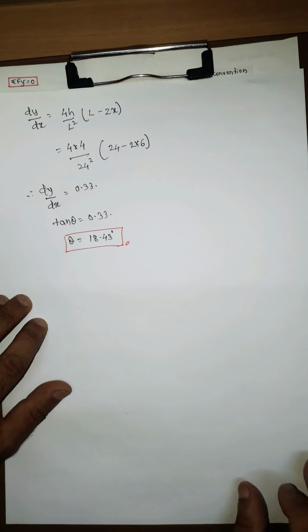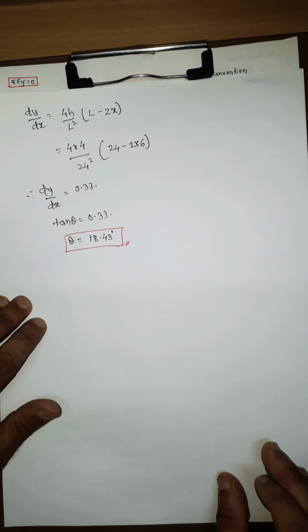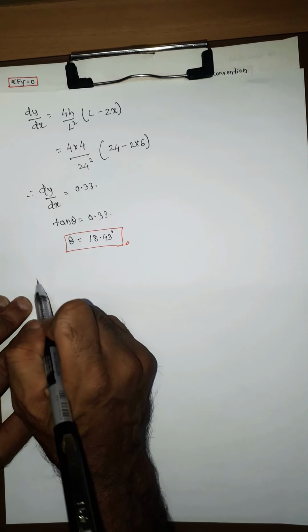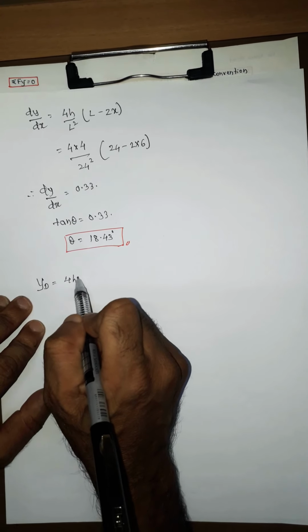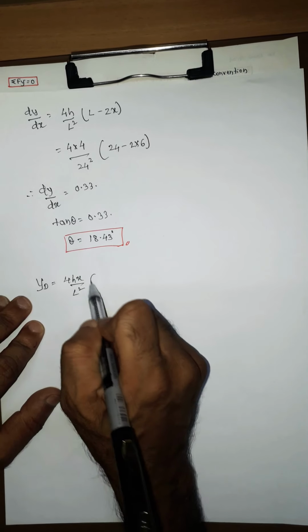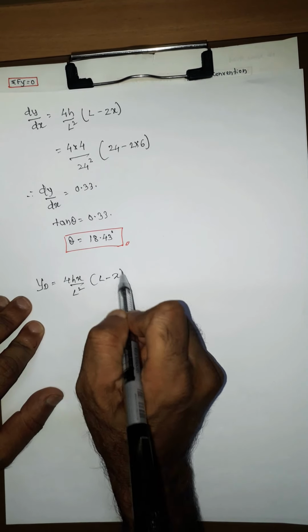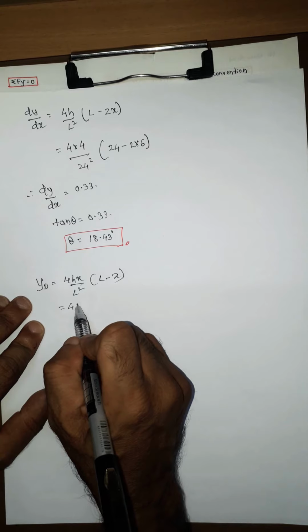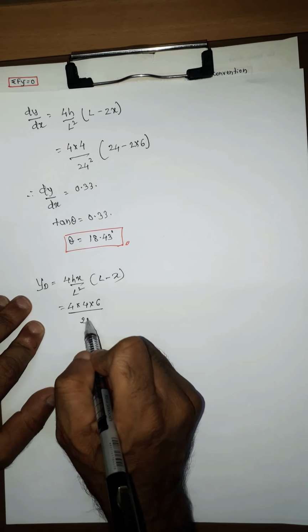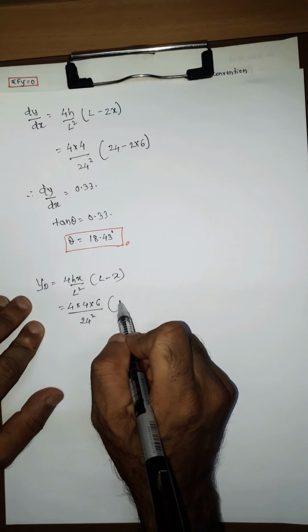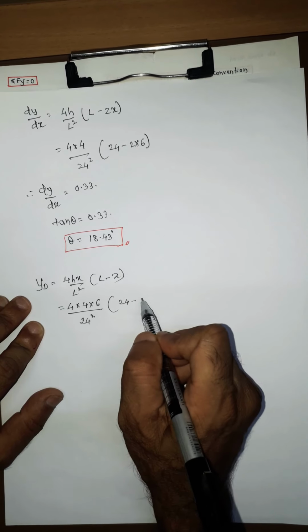So similarly here, first we have to find out the YD. So vertical ordinate YD is equal to 4hx by L square into L minus x. So here 4 into 4 into x is 6 meter divided by 24 square into L is 24 minus 6.